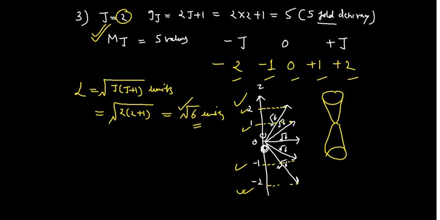This part is the center, so in the center you can put another cone, above that one more cone, and below that one more cone. So you are having 1, 2, 3, 4, 5 cones. 5 cones means 5-fold degeneracy. This is something very important which you should know.